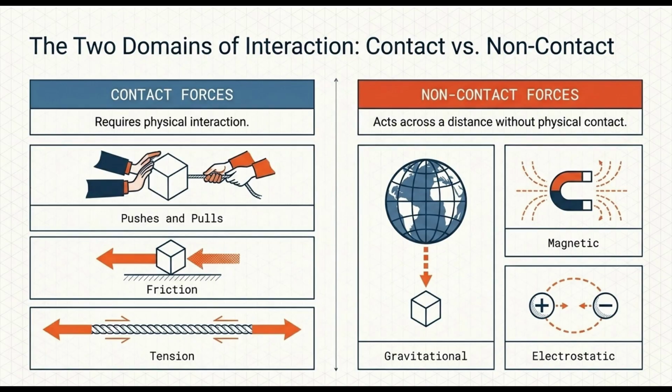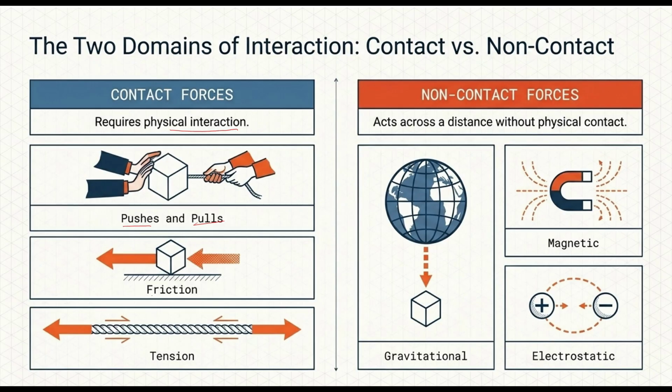Now let's see contact forces versus non-contact forces. Forces can be classified into two major categories: contact forces and non-contact forces. Contact forces require physical interaction between objects. For example, they include pushing, friction, and tension. Contact forces require physical interaction, either pushes or pulls.